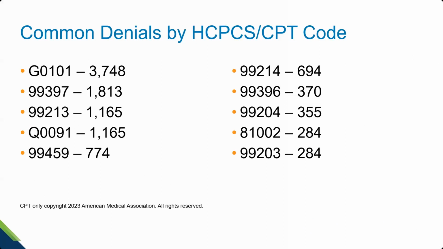We can't process claims if the patient has elected a Part C plan, a Medicare Advantage plan. And we're also denying this code because it's a duplicate. 99397 procedure code is a non-covered service. Medicare does not pay for this item or service, so you don't even need to submit it to Medicare, but that's why we're denying that code.